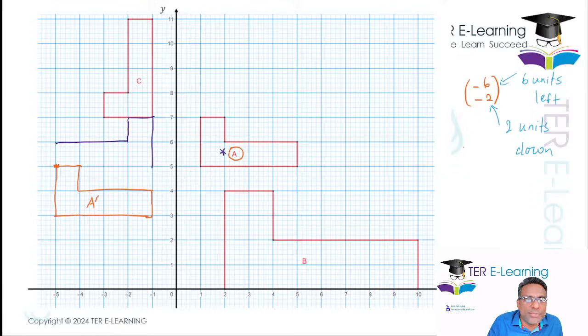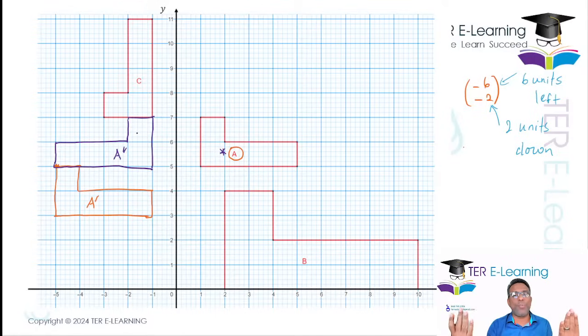Now please use a ruler when doing this. I'm just drawing it freehand here because I'm doing it fast. So that is your A double prime. It's a reflection in your y-axis. Once you're reflecting in the y-axis, think of folding the paper along the y-axis: your object and your image need to line up exactly. So that's correct. That's the answer there.